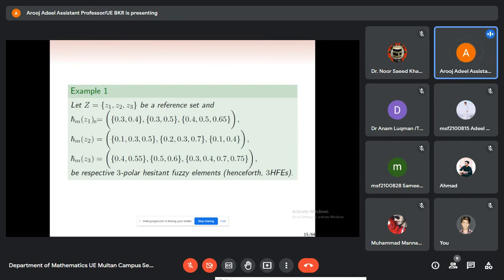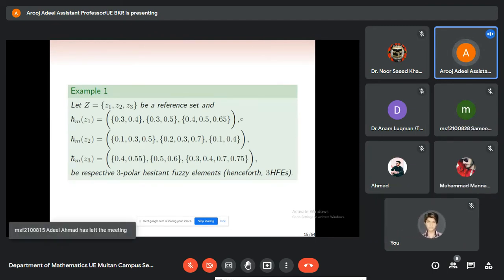Three elements of the M-polar hesitant fuzzy elements are given in the form of a 3-tuple, like m is equal to 3, and we get three values for this tuple, and each value of this tuple is itself a set having 2 membership values and 3 membership values. It may be changed according to the decision maker's settings.